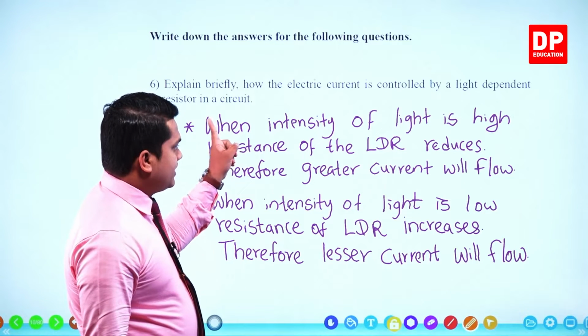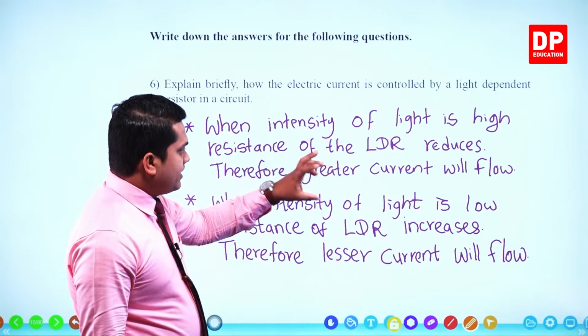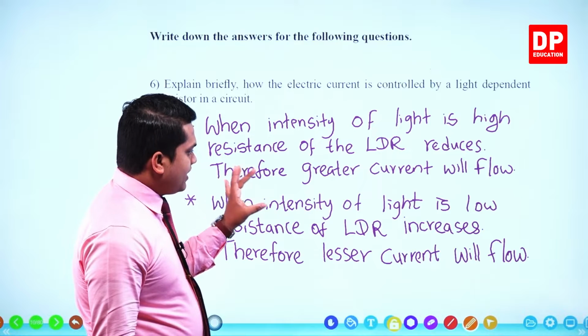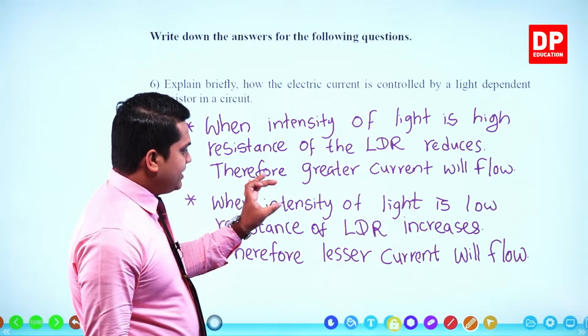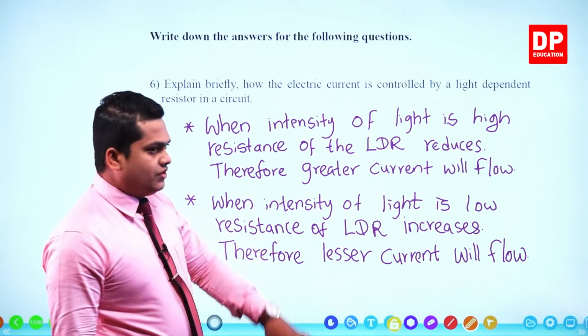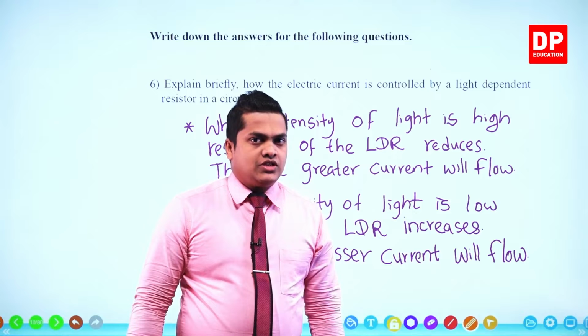Once again, when intensity of the light is high, resistance of the LDR reduces, greater current will flow. When intensity of light is low, resistance of the LDR increases, therefore less current will flow. Current and resistance show an opposite relationship, my dear children.